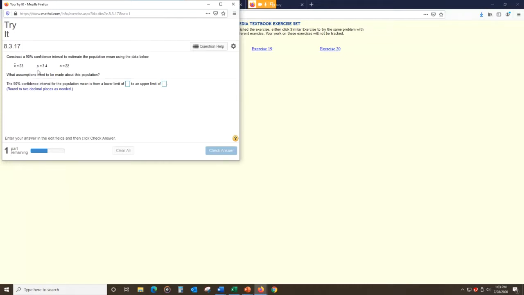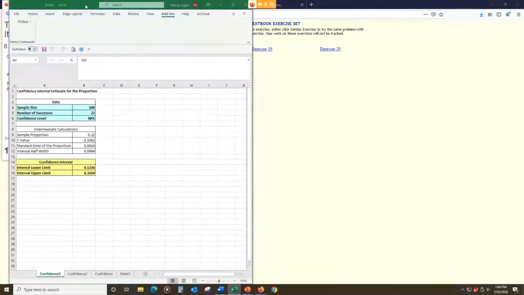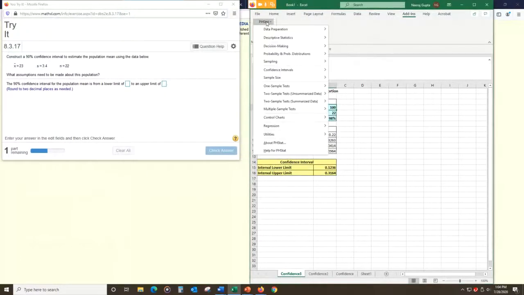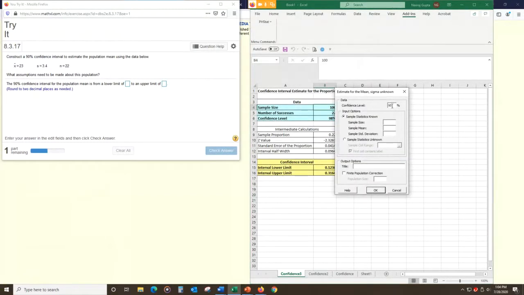And now you see it is S, our sample standard deviation, so sigma is unknown. So if we go to Excel, we will go to PHStat, confidence intervals, and sigma unknown. The confidence level is 90%, so I will provide 90.